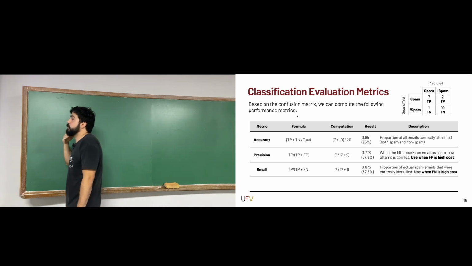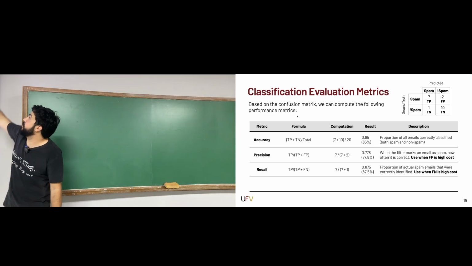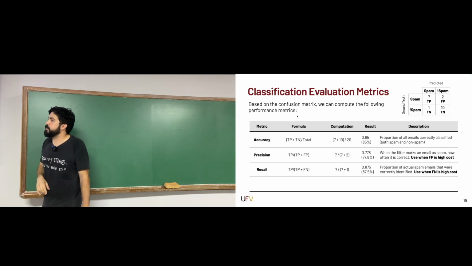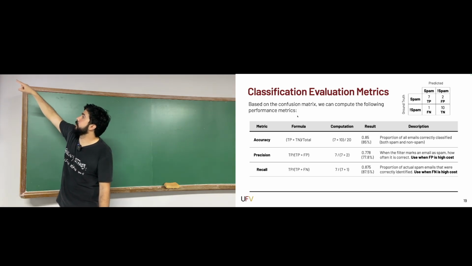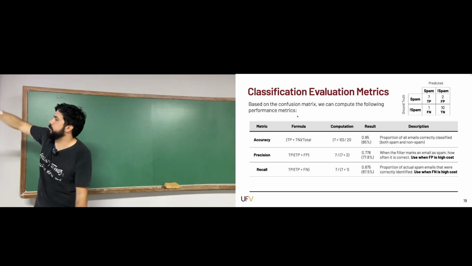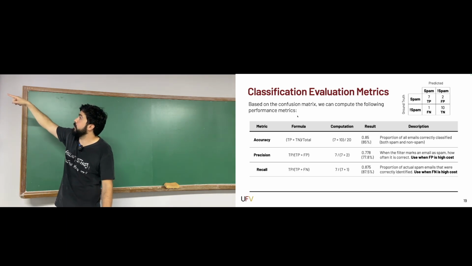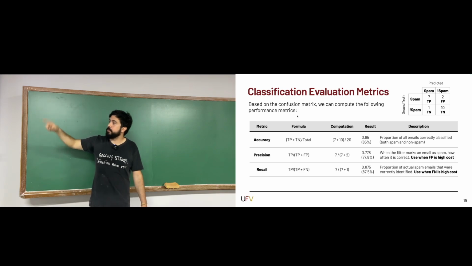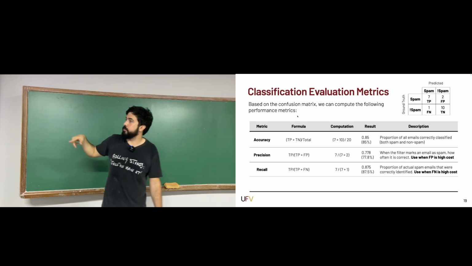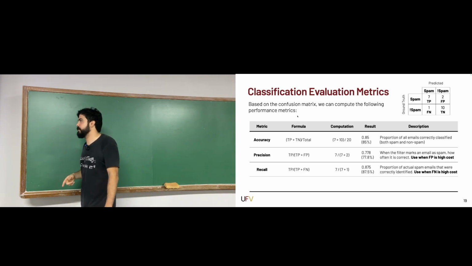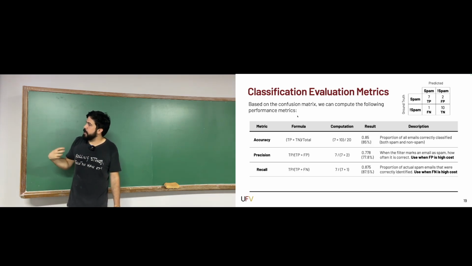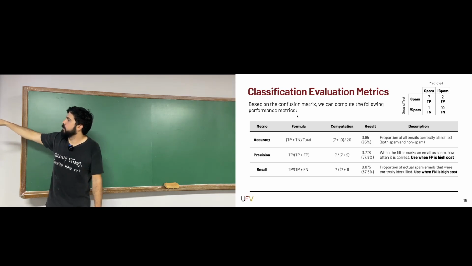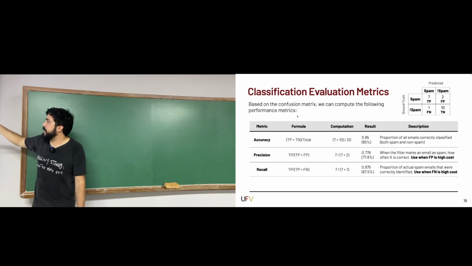So here you would get 7, which is the true positive, plus 7, because it's true positive again, plus 1, which is my false negative. So it's 7 over 8, which gives you 0.87. And the way you interpret this is the proportion of actual spam emails that were correctly identified.